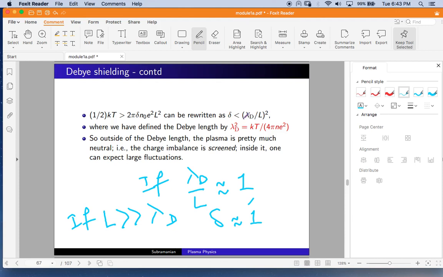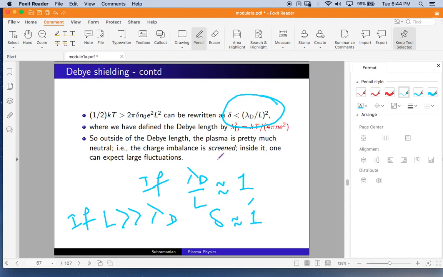Okay, I would urge you to think about this, and the way I'm saying it might not gel with you, but it's all in here. It's all encapsulated here. This tells you the condition unambiguously. And this tells you that outside of the Debye length, the same conclusion as before, the plasma is pretty much neutral.